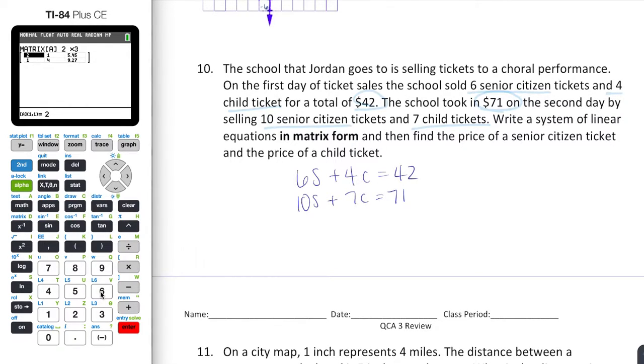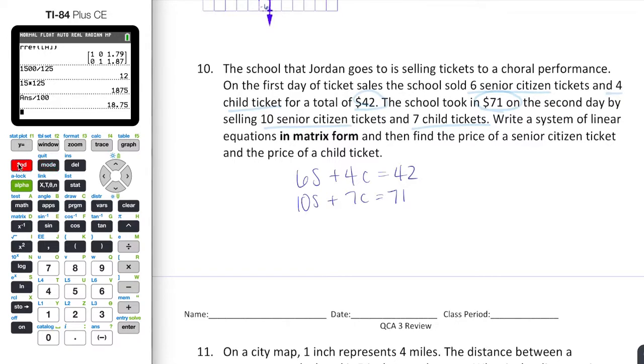So we're going to line it up the same, 6, 4, and 42, and 10, 7, and 71. So our matrix now has the right numbers in it.